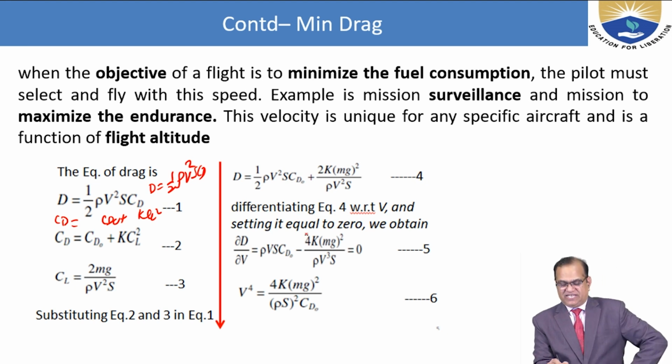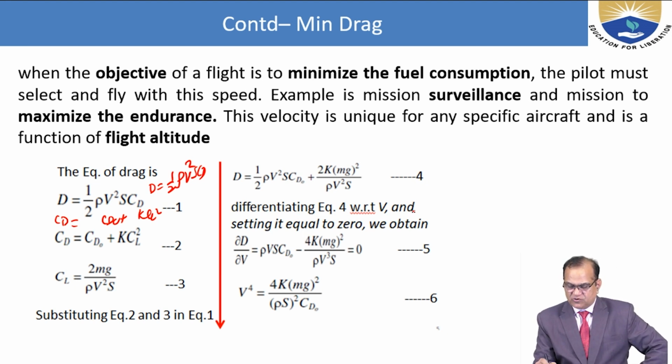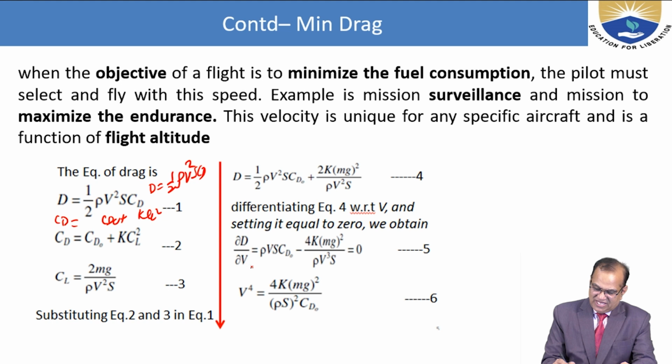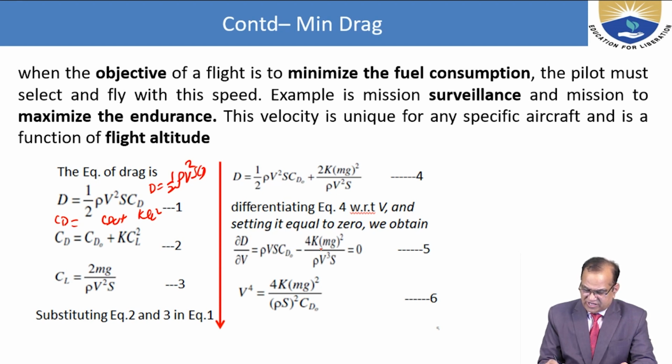If we differentiate this with respect to V and set it equal to 0, we obtain dD by dV is equal to rho V S CD naught minus 4K mg square by rho V cube S is equal to 0.